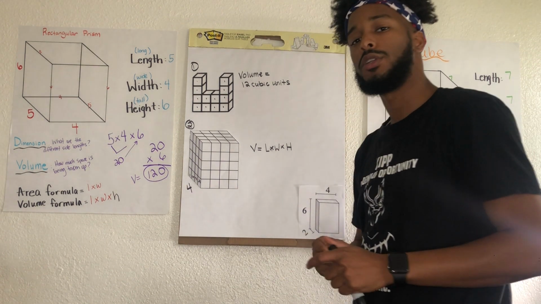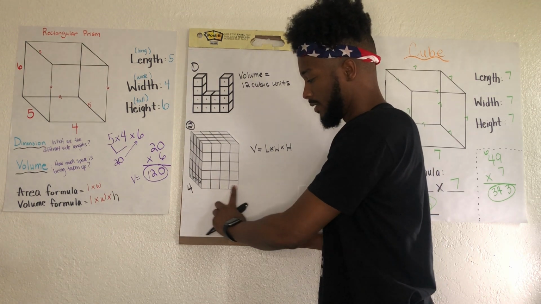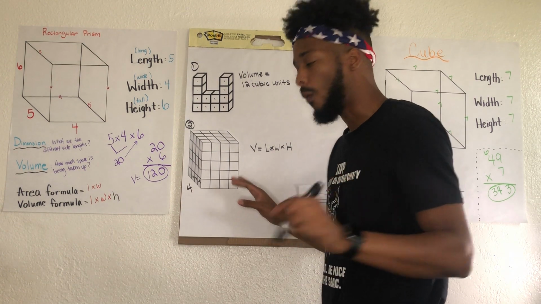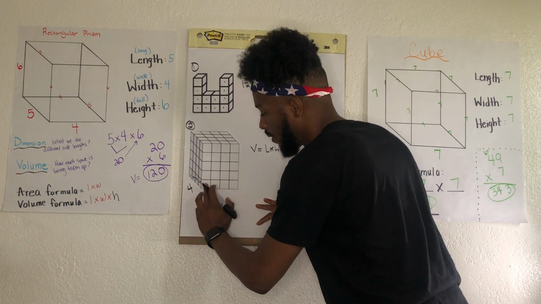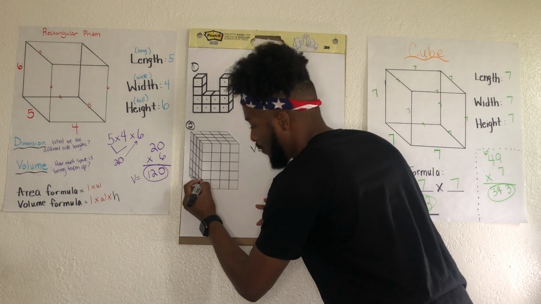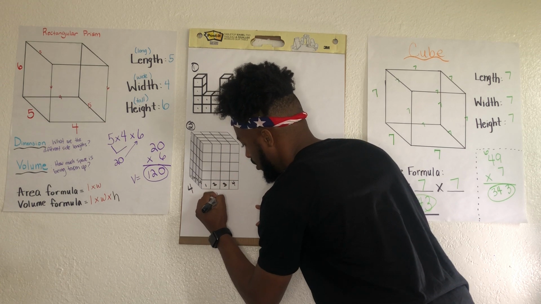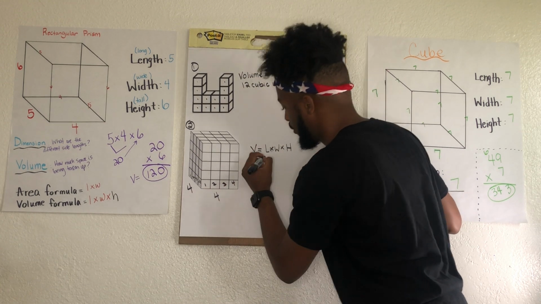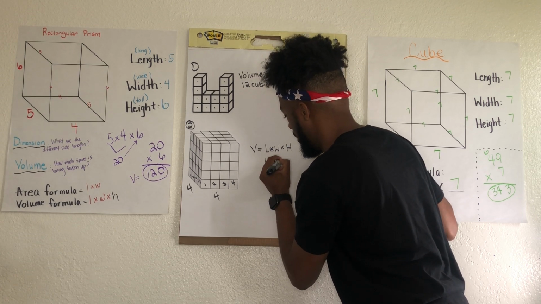Can you point to it on your screen? That's right. This is our width, or how wide the figure is. So we're going to count how many units there are here. 1, 2, 3, and 4. So our length is 4, and our width is 4.